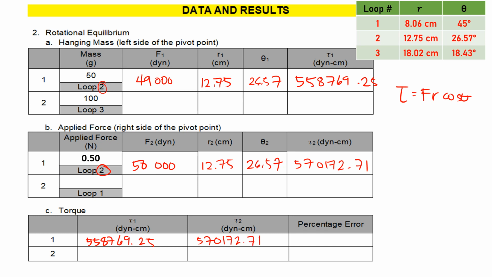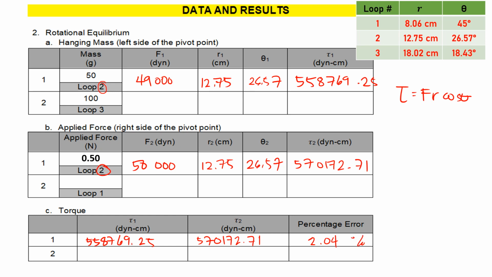This is equal to 558,769.25 minus 570,172.71, divided by the theoretical value, which is torque 1, 558,769.25, and then multiply this by 100. So the answer is 2.04. So the percentage error here is 2.04%.